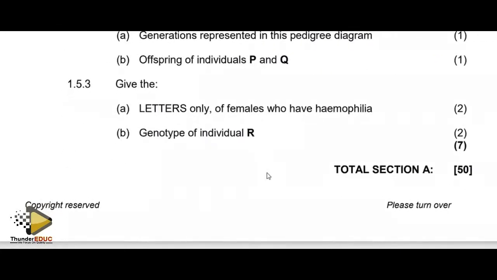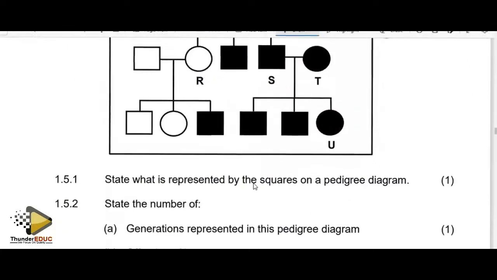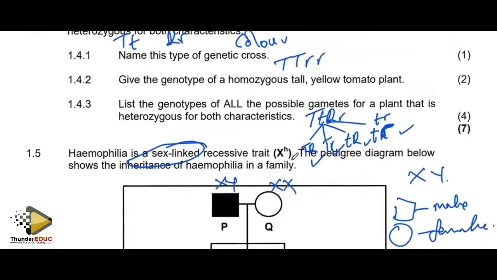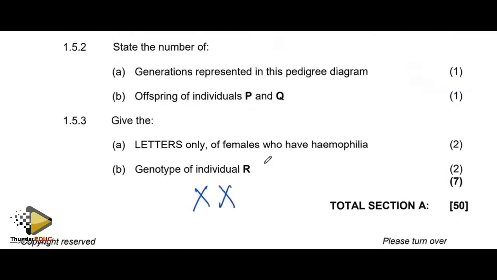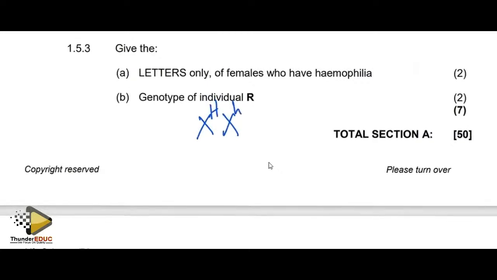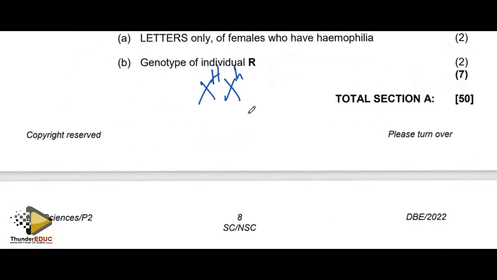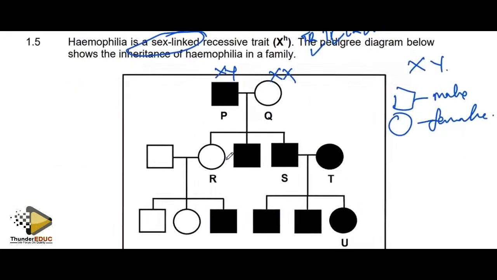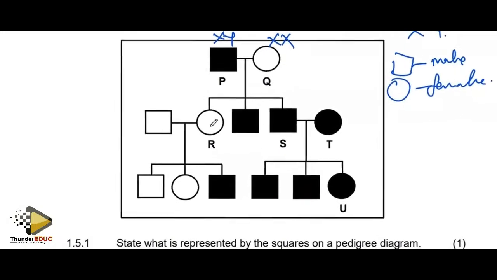So for R, since it is sex-linked, I'm going to start with X and X because it is female, and hemophilia is caused by a recessive allele which is on the X chromosome. So for normal it's going to be capital H, and then small h. Why? Because this person is heterozygous, a carrier who carries this recessive allele.